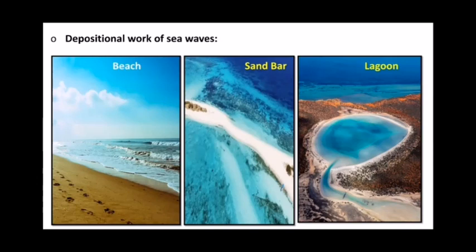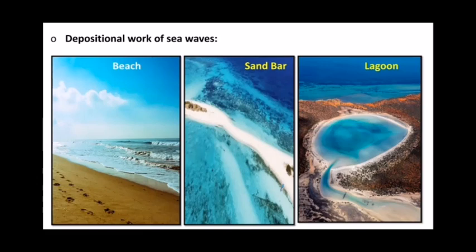So landforms like beaches, sandbars, and lagoons are formed. These are the landforms which are created because of the deposition by the sea waves. You can see in the picture, we have the beach, where sand is being deposited on the coast continuously.